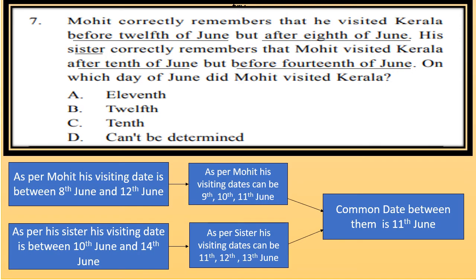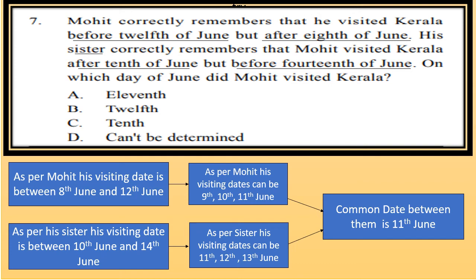Mohit correctly remembers that he visited Kerala before 12th of June but after 8th of June. His sister correctly remembers that Mohit visited Kerala after 10th of June but before 14th of June. On which day of June did Mohit visit Kerala? Now, as per Mohit, his visiting date is between 8th and 12th June.